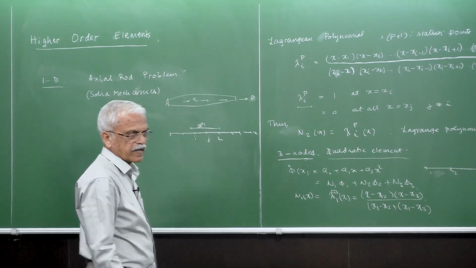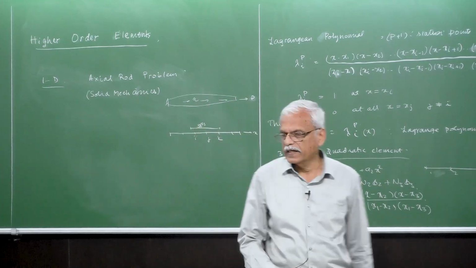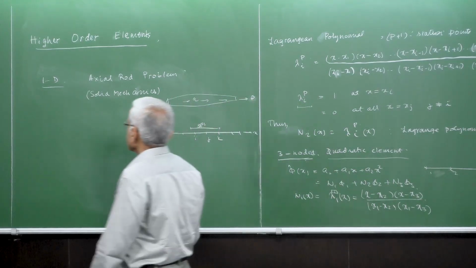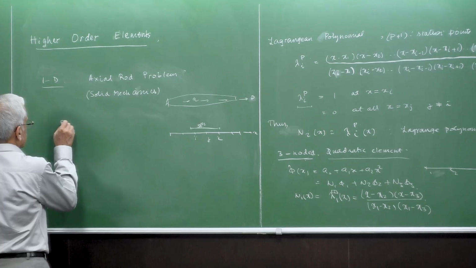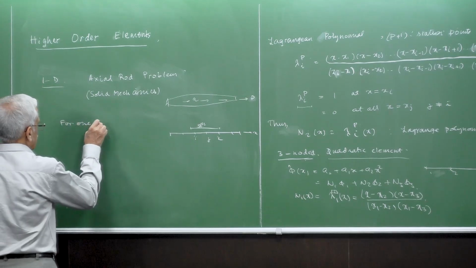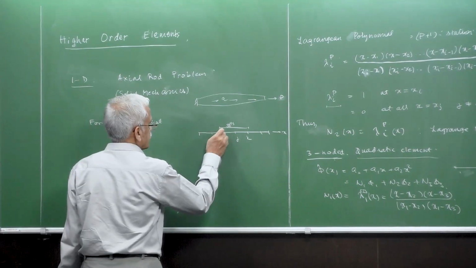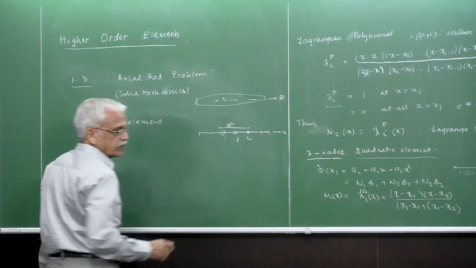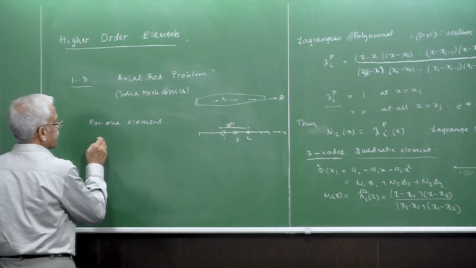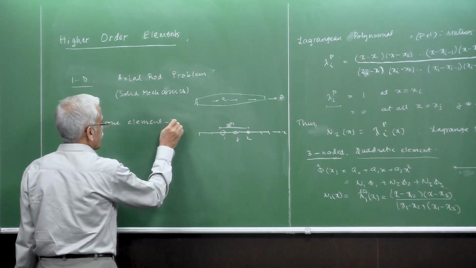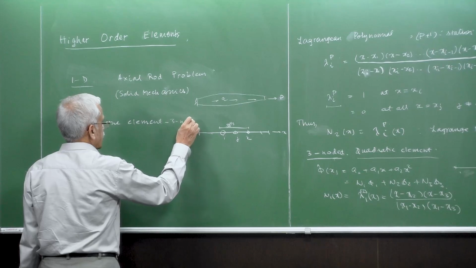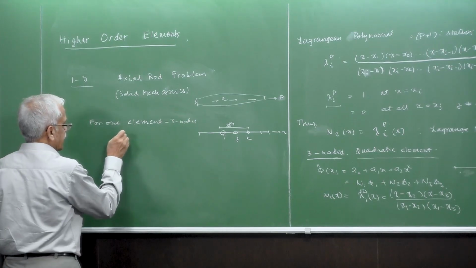So you can write for one element ijk here. So this is a three-noded element, or one element with three nodes, say ijk.